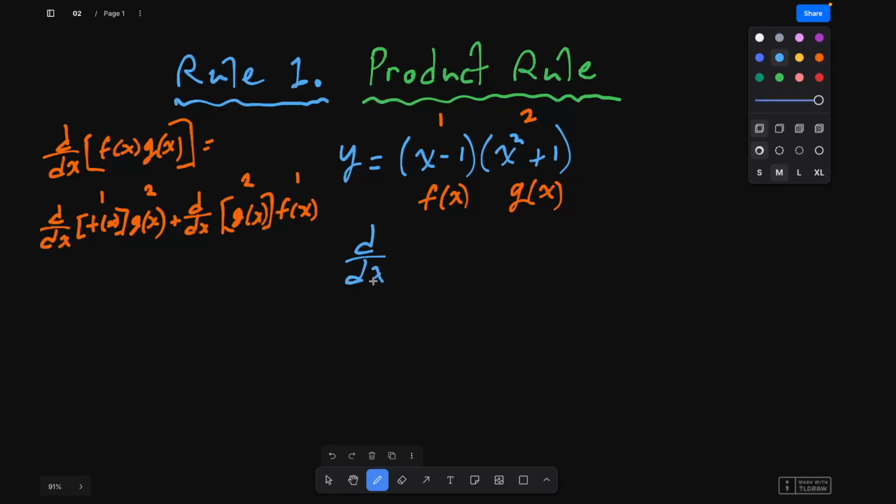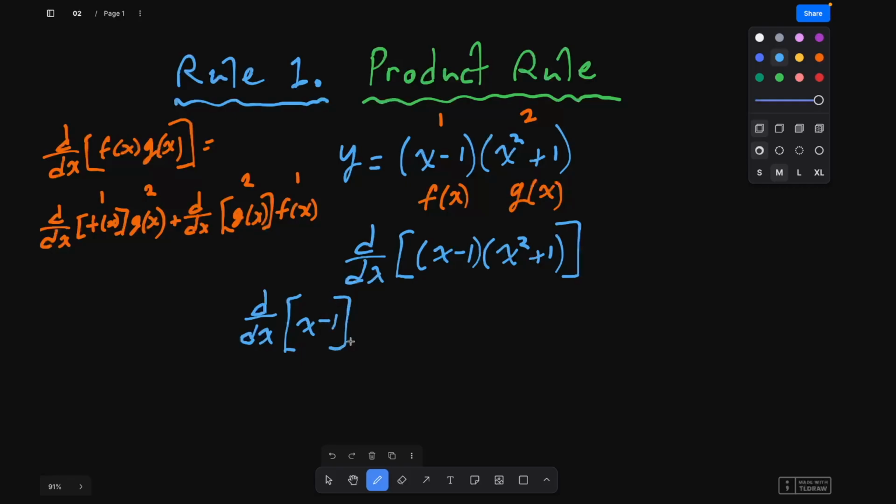The derivative of x minus 1 times x squared plus 1 is equal to, and here's where we follow the formula, the derivative of the first, that's x minus 1, times the second, x squared plus 1, and then we have plus the derivative of the second times the first, x minus 1.